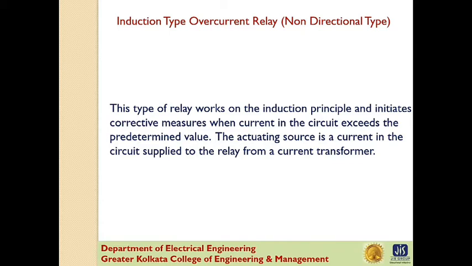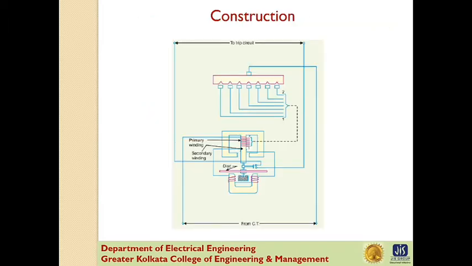These relays are used on AC circuits only and can operate for fault current flow in either direction. Now this figure shows the important constructional details of a typical non-directional induction type overcurrent relay.